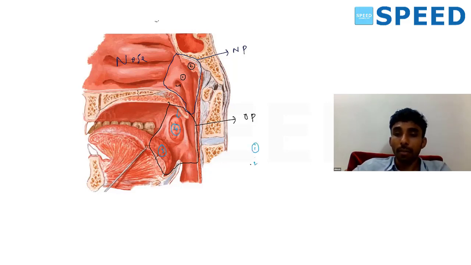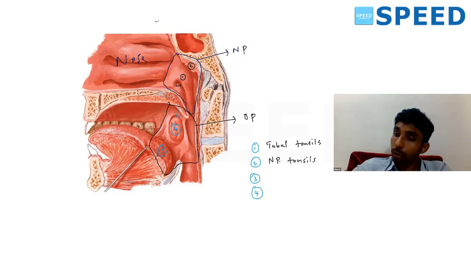So what are the four types of tonsils present in the pharynx? Number one is tubal tonsils. Number two is nasopharyngeal, or simply called pharyngeal tonsils. Related to the oropharynx, we have two tonsils.